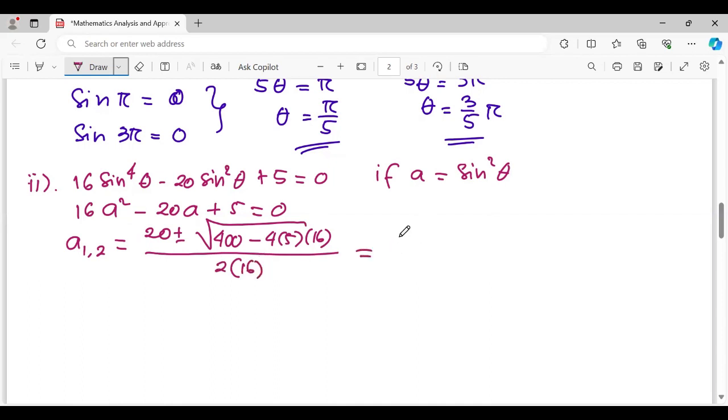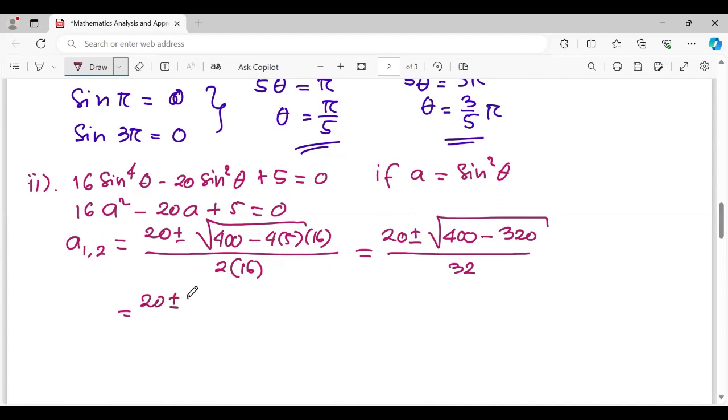So it becomes 20 plus or minus the square root of 400 minus 320, which is 80, over 32.